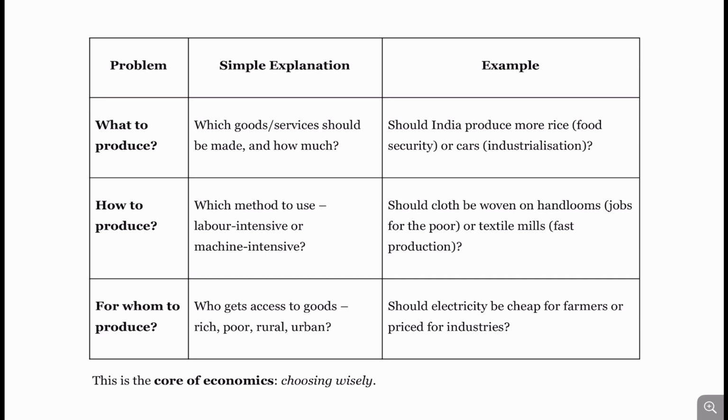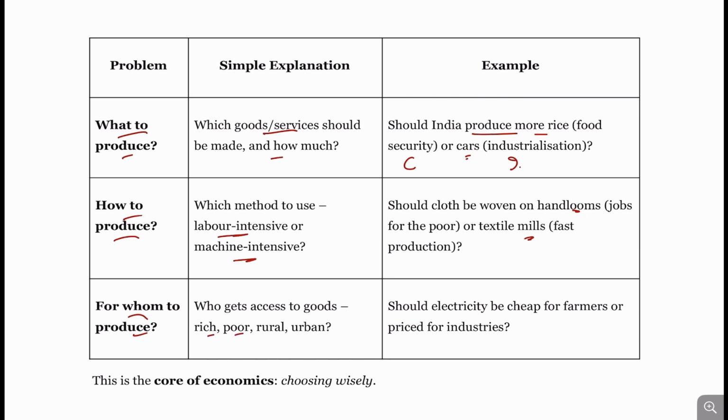Okay, so in a nutshell, what are these questions? What to produce: which goods and services should be made, and how much in quantity? Like, should India produce more rice or cars? Should we focus on consumption or investment? How to produce? Who will be producing? The method should be labor intensive or machine intensive. Should we go for handloom or textile mills? For whom to produce? What is the target audience?